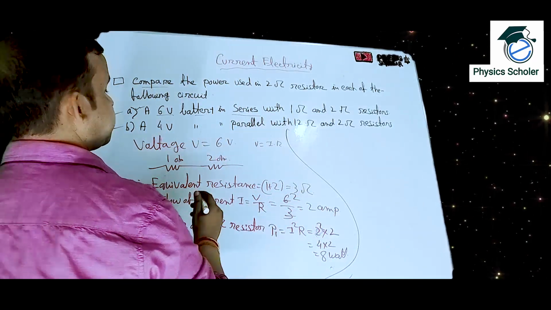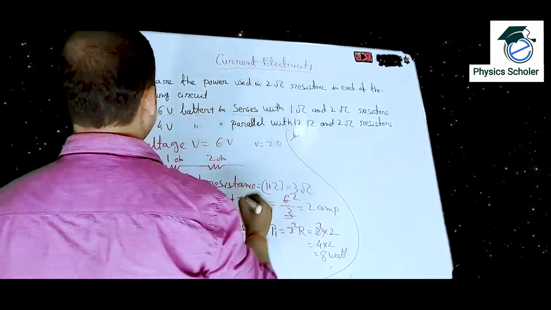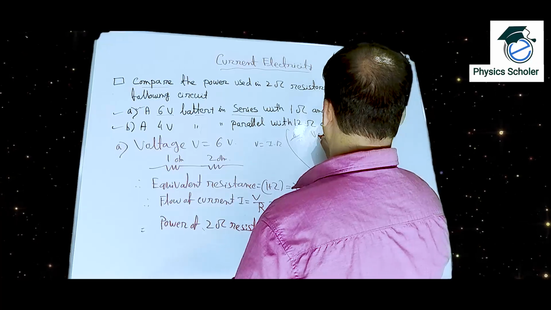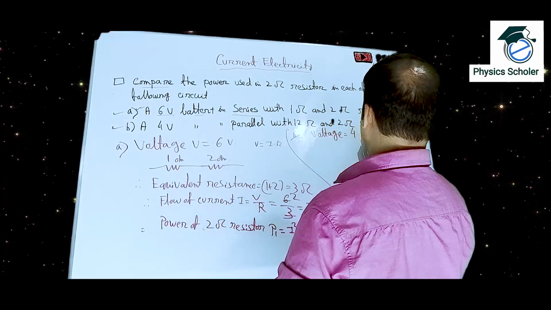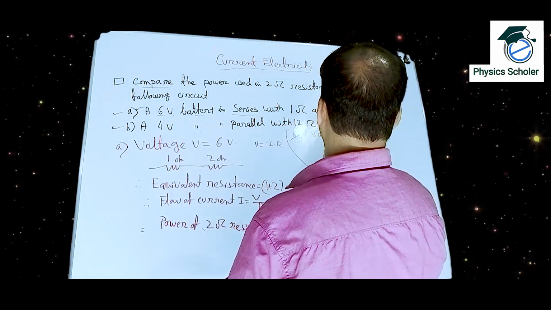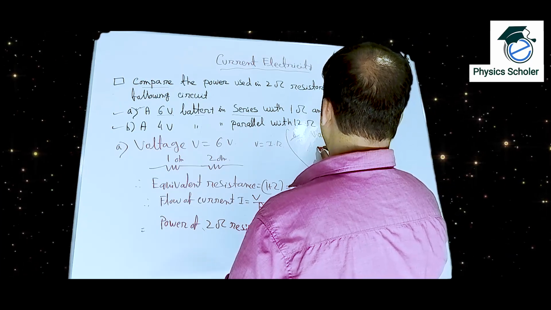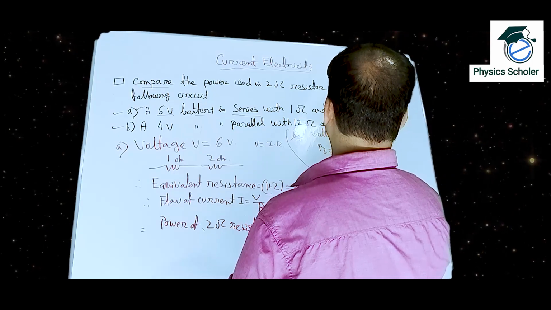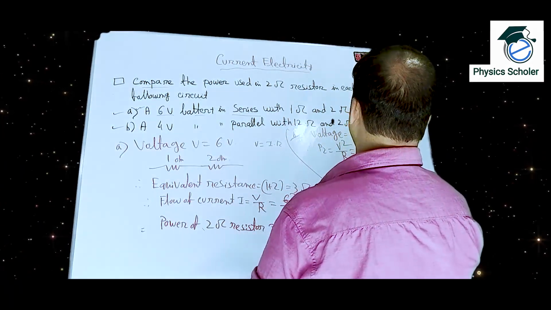Next one, number B. It is number A. Now number B. What? A 4 volt battery. So here voltage is equal to 4 volt. So power P2 is equal to what we know? V square by R. So R means 2. So V will be the same as they are connected in parallel.